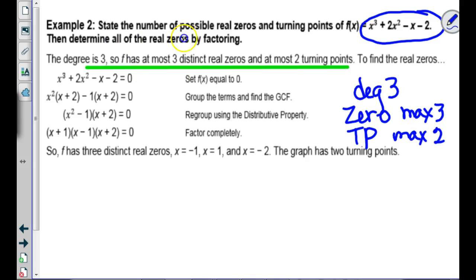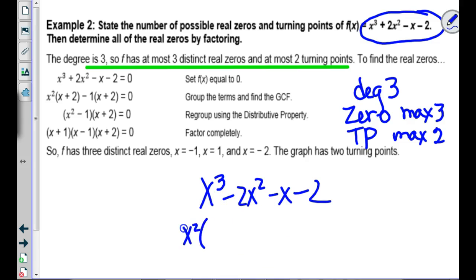And then it says determine all the zeros by factoring. So how many terms did we have here? We had 4 terms, so our best bet is grouping. If we take an x squared out of the first 2, we're left with an x minus 2. We want an x plus... did I copy this wrong? Oh, yes, I did. This is a plus. My bad. So we take out an x squared.